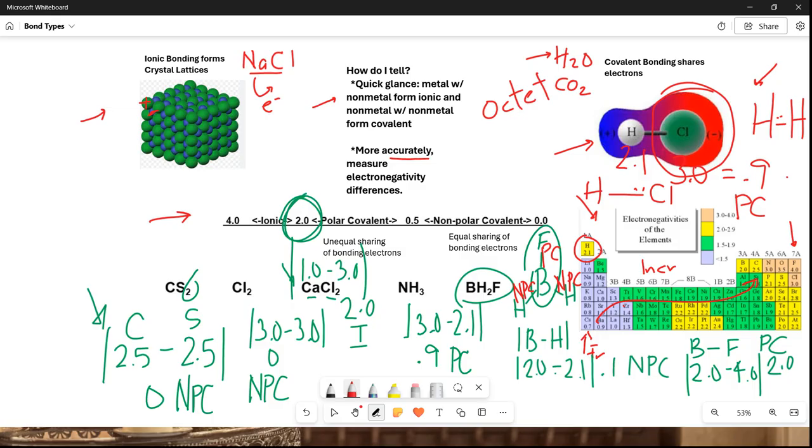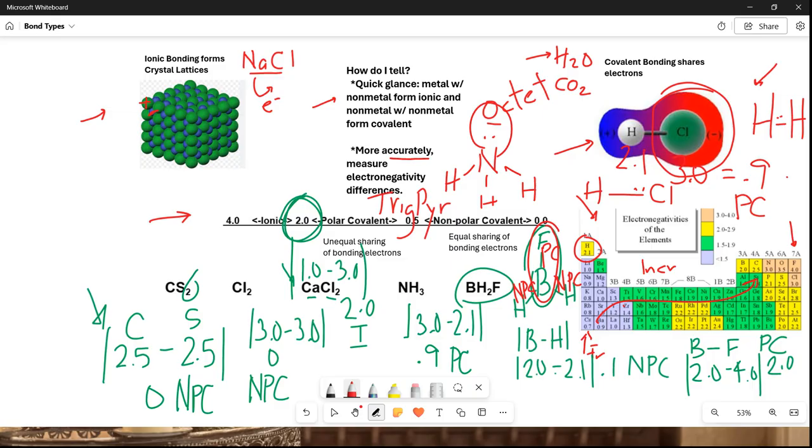Now I want to just throw something in really quick before we finish up. We're talking about bond polarities. In other words, we're looking at the bond between 2 atoms. We are not talking about molecule polarity. So for example, when I draw the Lewis dot structure for NH3 that we did here on the examples, it forms a trigonal pyramidal shape, and because it has these unshared electrons here at the top, it is not equal pulling over the entire structure.